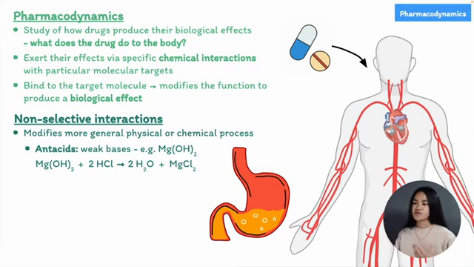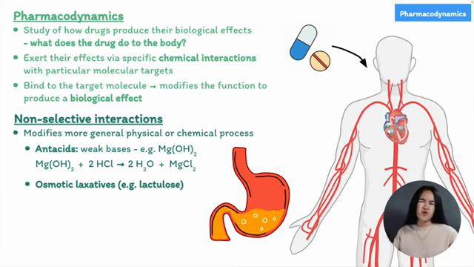Another example of a type of drug that exerts its effect by modifying a non-selective process are osmotic agents. An example is osmotic laxatives, which you may know are used for the treatment of constipation, but they're also used for the preparation of particular GI procedures such as a colonoscopy.